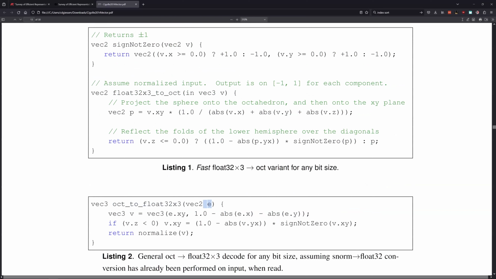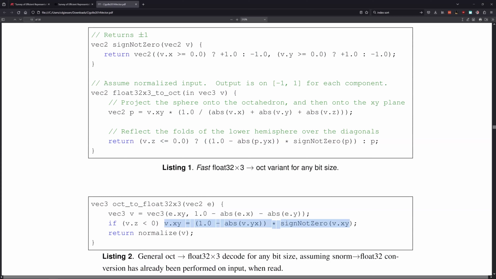Given a vec2, construct a vec3 out of the xy, and then the z value is the other two values -1. And if our z value was less than 0, then we have to project the xy, or not project, flip the xy axis.